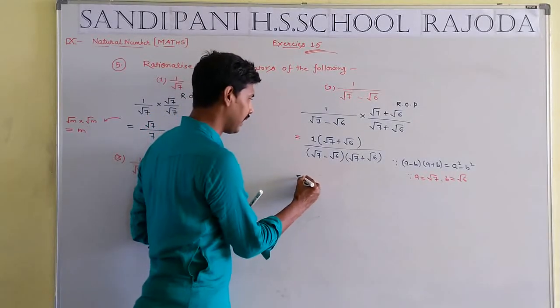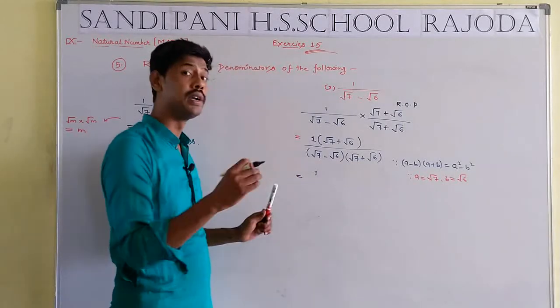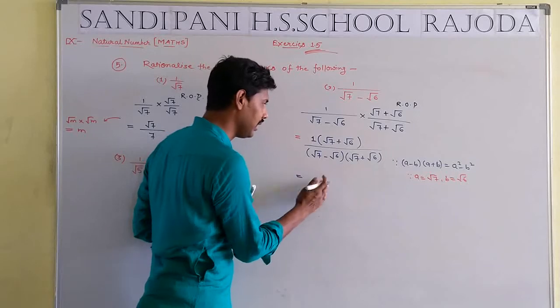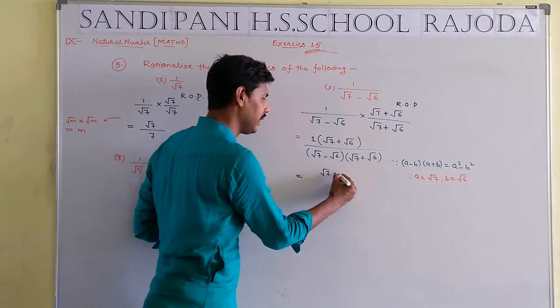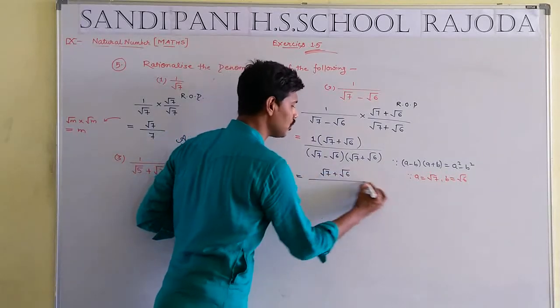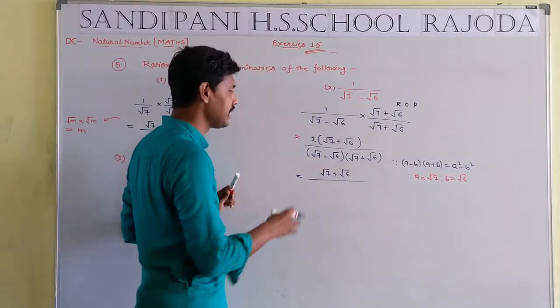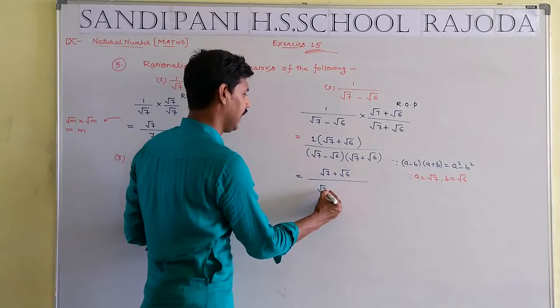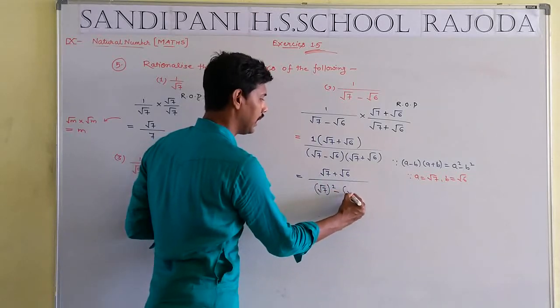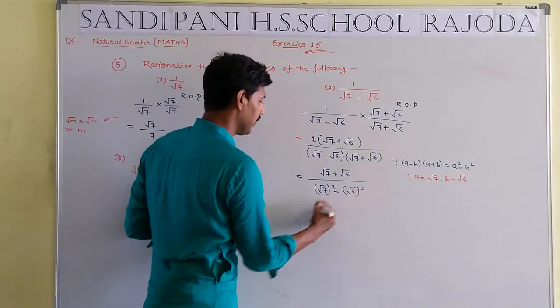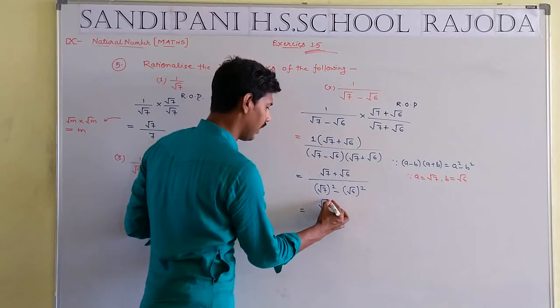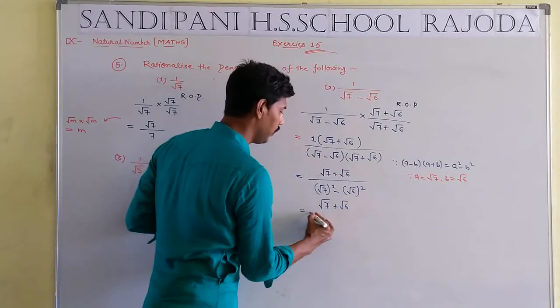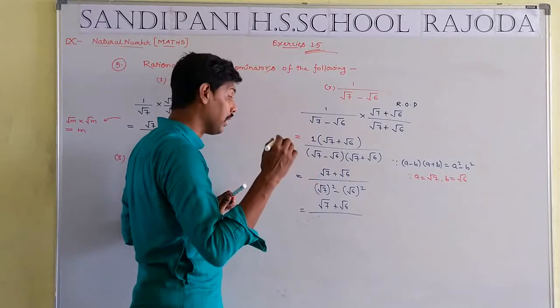Now we can write 1 into quantity will be equal to quantity, such that the numerator is root 7 plus root 6. But in the case of a minus b, a plus b, that means a square minus b square. Students, what happened? Root will be cancelled by square.